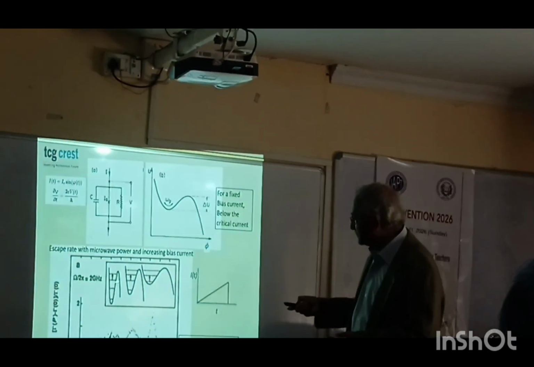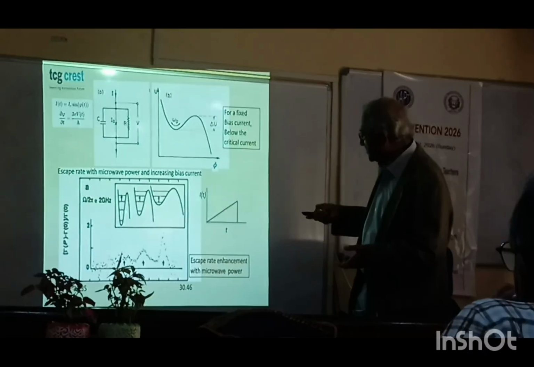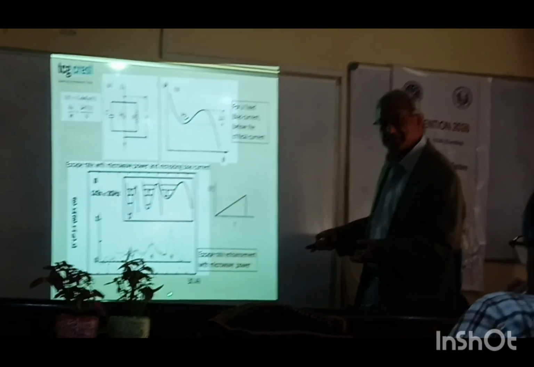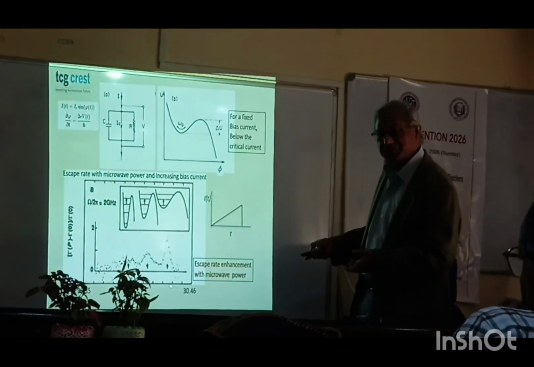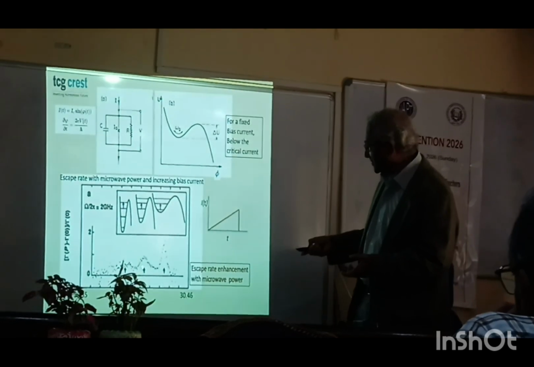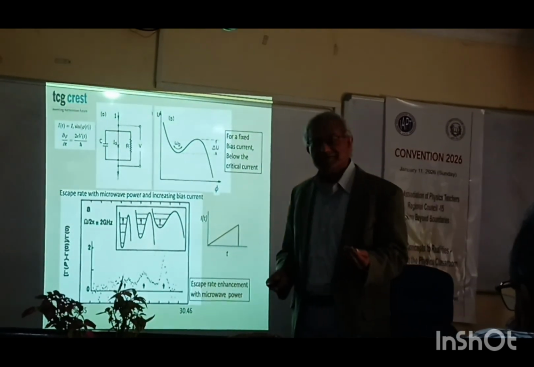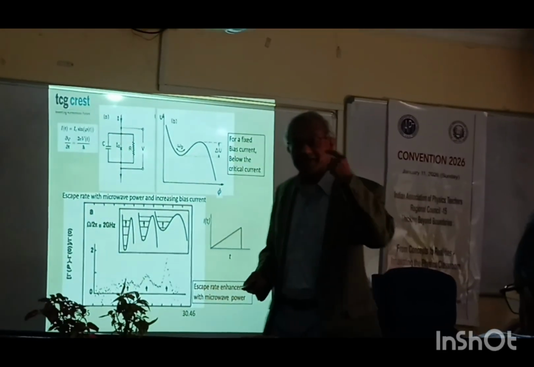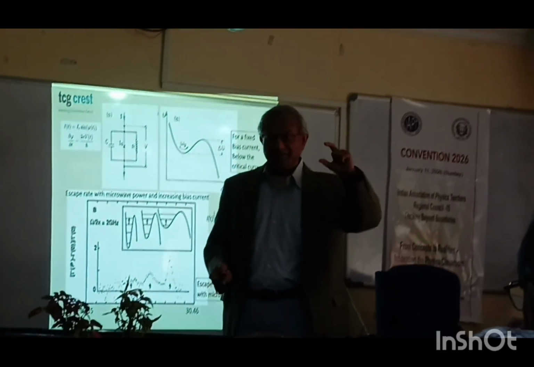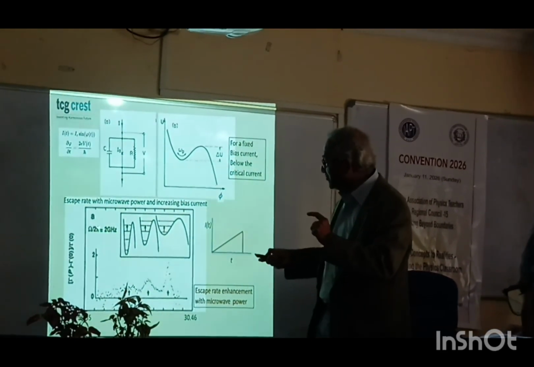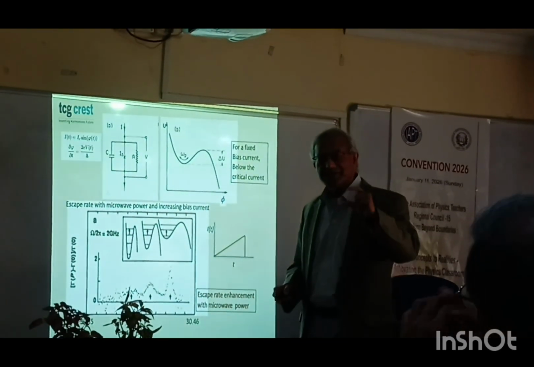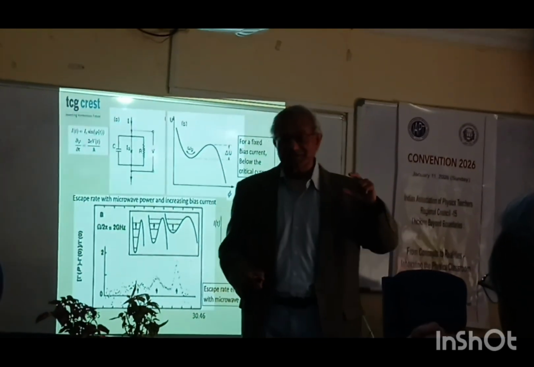So as you see here, these three cases, by changing the IB, this is current I. So IB1, IB2, IB3, that's what I've shown. And at these places, they have this enhanced escape of this particle. So that shows that energy levels are indeed quantized. Otherwise, they wouldn't see this specific excitation with these 2 gigahertz photons.